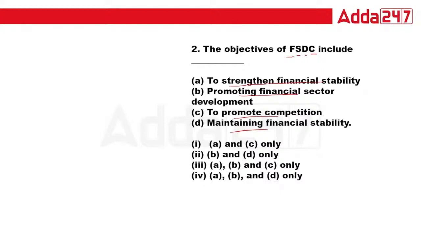What is the exact answer of the second one? That is to strengthen the financial stability. A is right. Promoting the financial sector, yes, this is also right. Promote competition, it is not for the competition. Maintaining the financial stability, yes. So that's why for the second one, D is the right answer. Is that okay, class? 4 is the right answer.